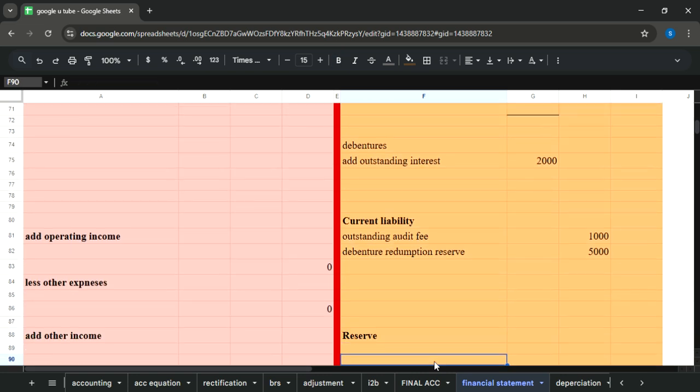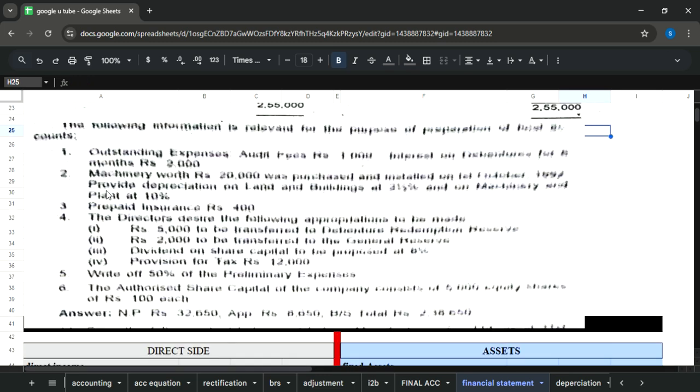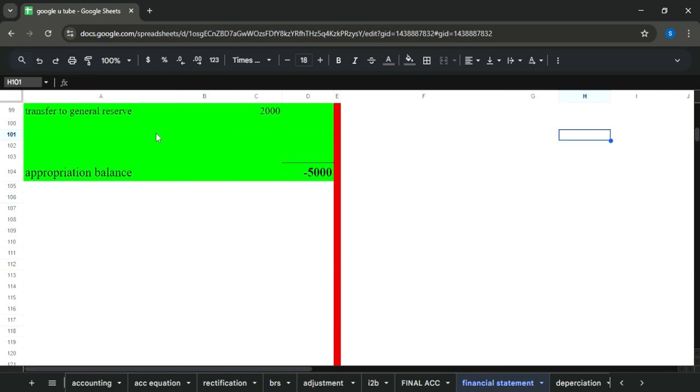As you can see, all these adjustments are directly related to the liability side. So here the same, transfer to general reserve, we will mention the amount is 2,000. So guys, in this way two parts are completed. Third is dividend on share capital. Again, dividend is part of the appropriation account. The rate is 8%. Here we need to calculate dividend.